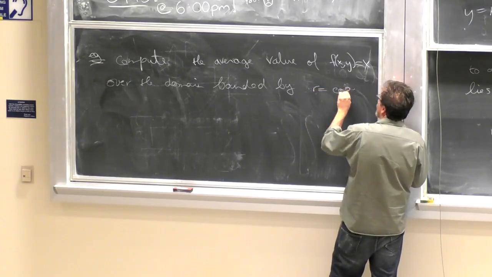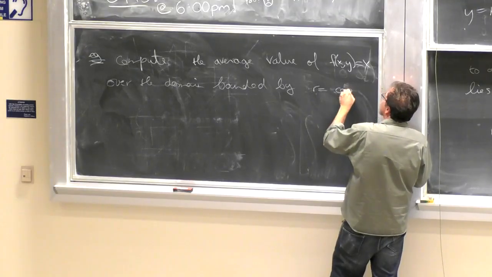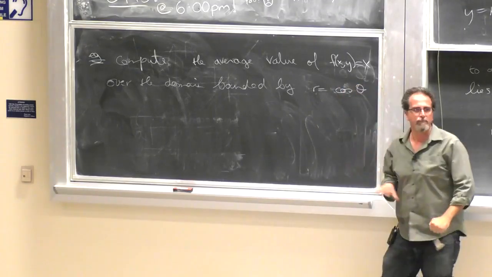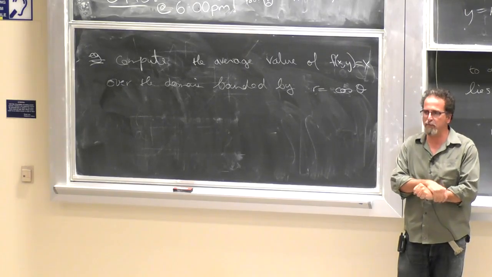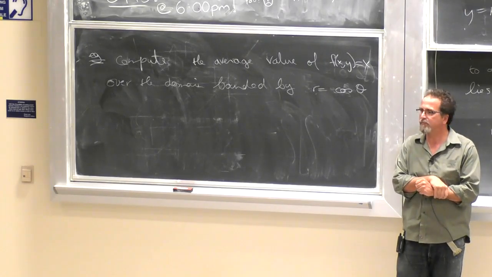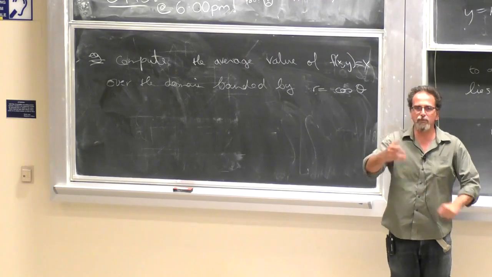How's that? R equals cosine theta. Okay? How's that? There's an example. That's an example I want you guys to try to do.